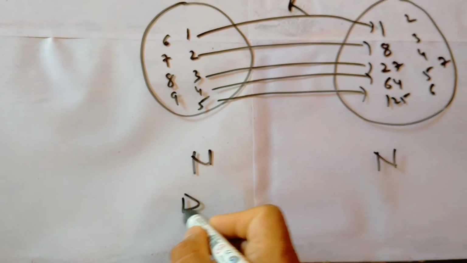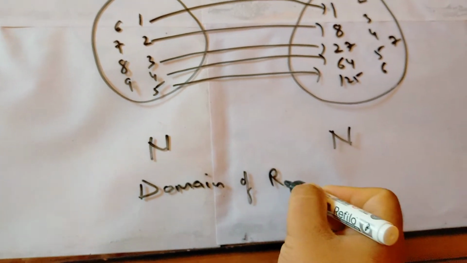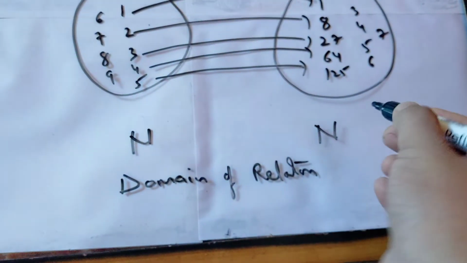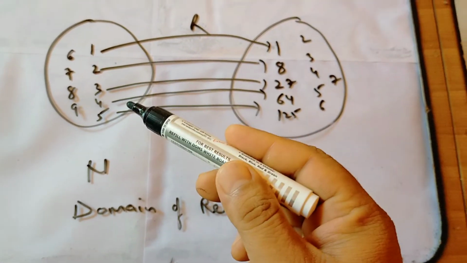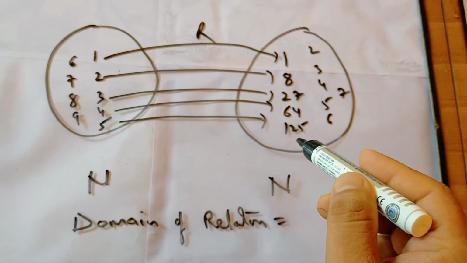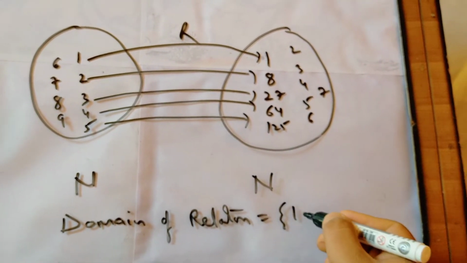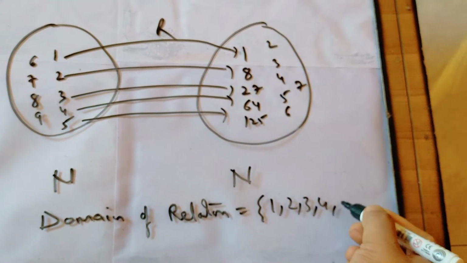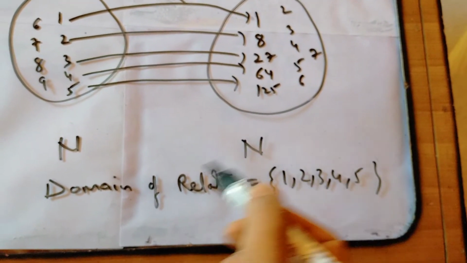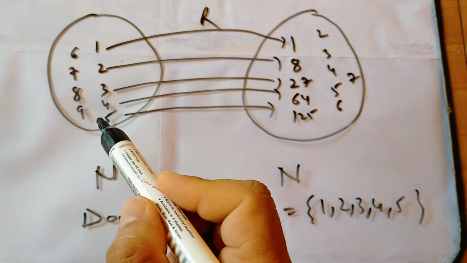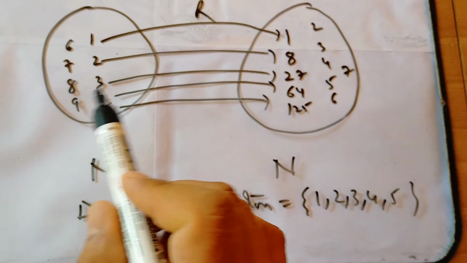What is the domain of a relation? The domain of a relation is equal to all the elements of set A which are attached with the elements of B. So this is A, this is B. So 1, 2, 3, 4, 5 are the elements of the domain. Elements 6, 7, 8, 9, 10 up to infinity are not in the domain because they are not attached with anything.